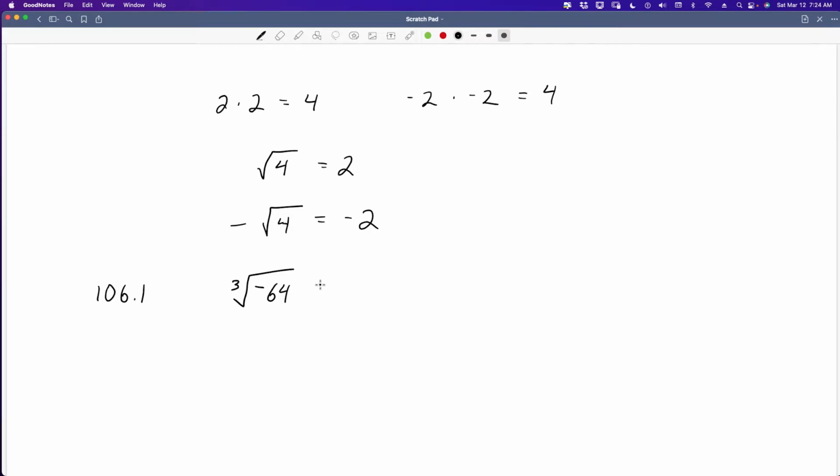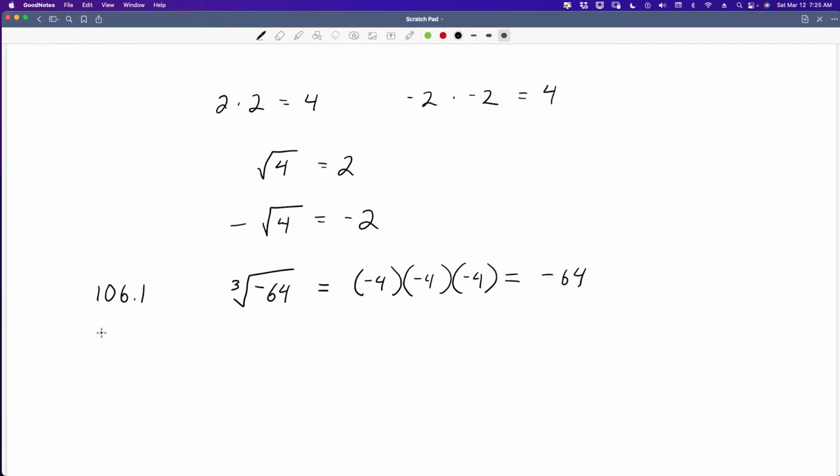So we know that that is going to be negative 4 because negative 4 times negative 4 times negative 4 is equal to negative 64. So these are our three factors that are all negative that give us a negative 64. So we can have a negative underneath our root sign if we have an odd number index. That's what we're looking for.